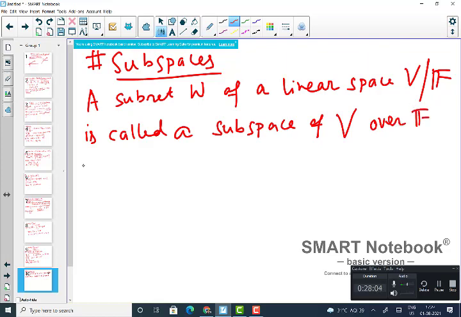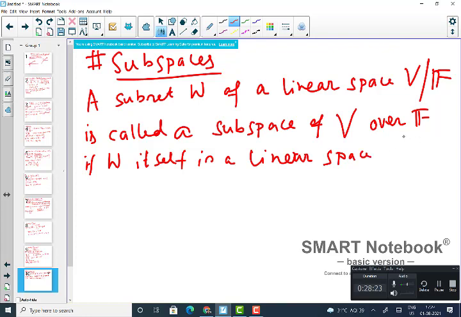If what? If W itself is a linear space with respect to the same operations, that is, addition and scalar multiplication.